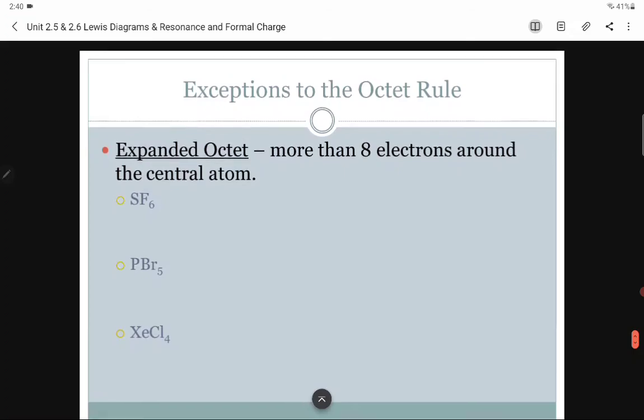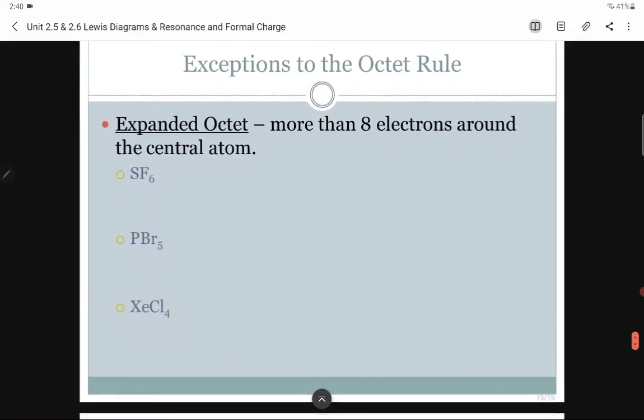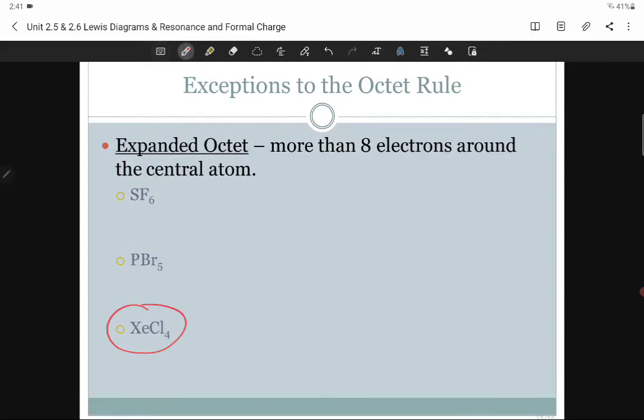And then our last type of exception is expanded octets. These are atoms that are going to have too many. This is a strange one because I don't think you guys have ever done any noble gases. But as you get further down the periodic table, those outer electrons are so far away from the nucleus that we can get some of them to actually react and form compounds.